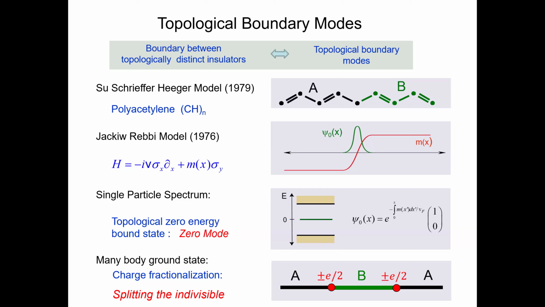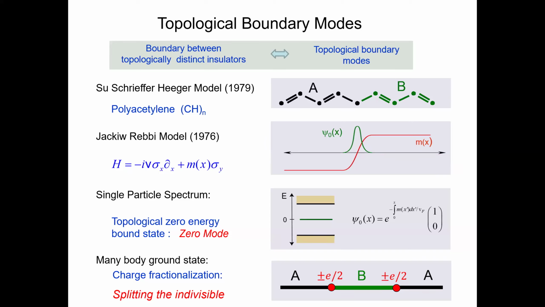One level is single particle quantum mechanics, because that's what we're doing when we solve the Schrodinger equation for a single particle, or when we solve this Hamiltonian. When you solve the single particle problem, you get a set of eigenstates with energies and wave functions. And we discover there happens to be one that has exactly zero energy, and that has a wave function that's localized on the domain wall.